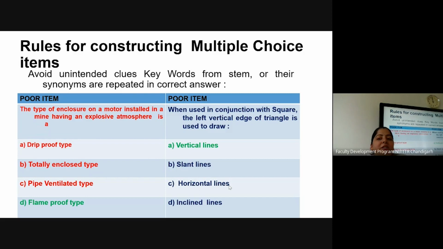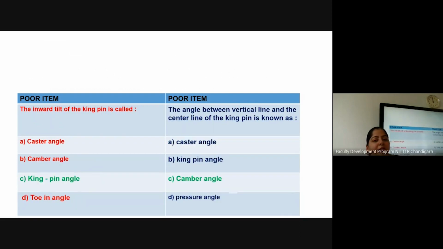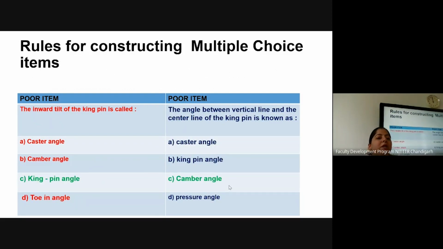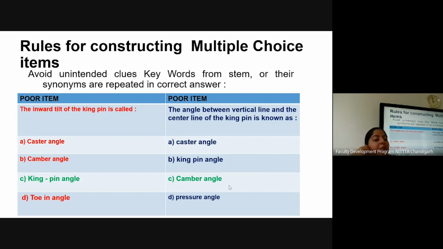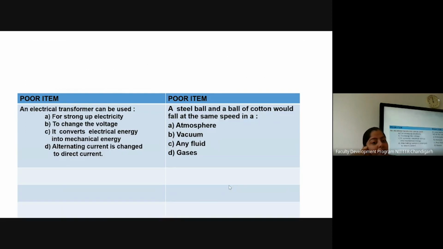"When used in conjunction with a square, the left vertical edge of the triangle is used to draw vertical lines." This is an unintended clue added by the teacher in the test. "The inward tilt of the kingpin is called kingpin angle." "The angle between the vertical line and the center line of the kingpin is known as camber angle." So that can be the right statement to ask.